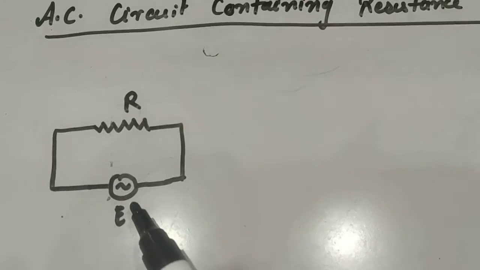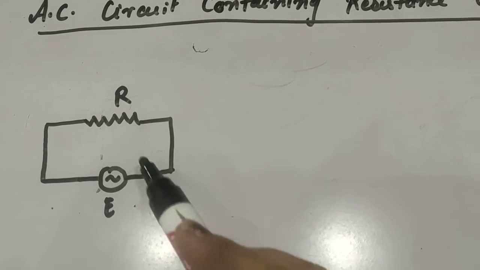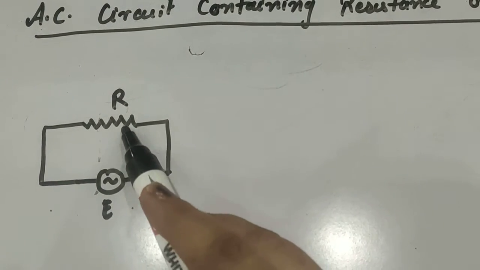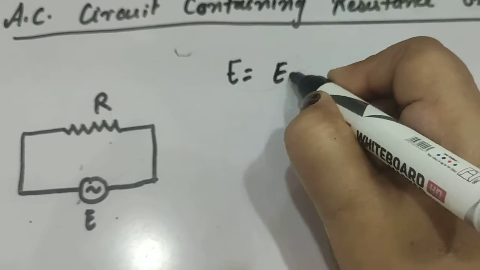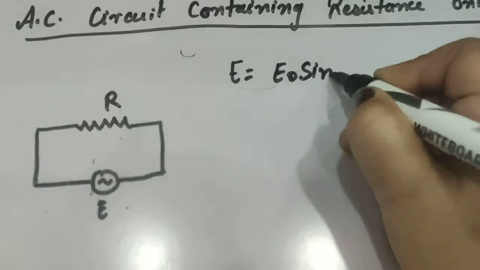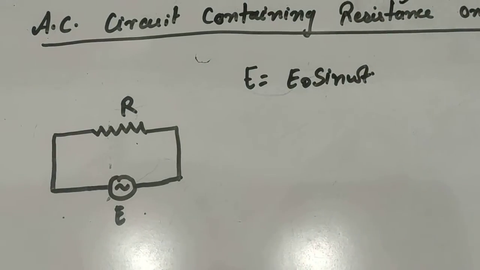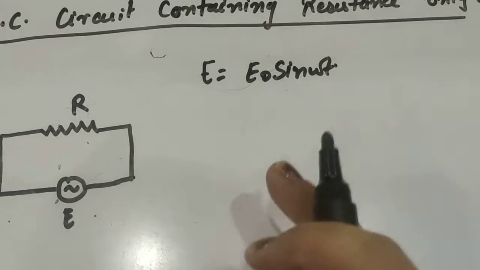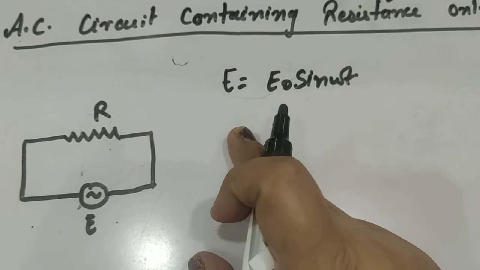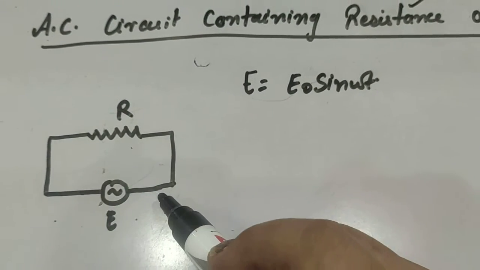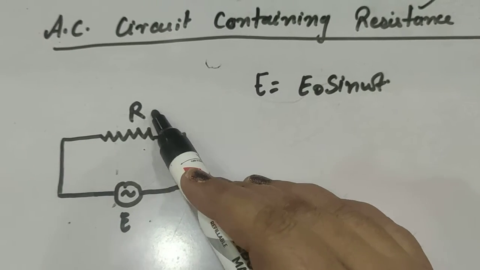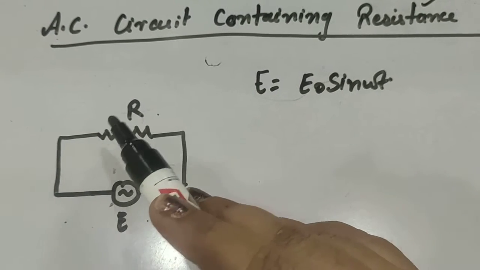For that we have taken a source of alternating EMF which is connected to a resistance R. In that case, the EMF E is given by E naught sine of omega t, right? Now we know that when EMF E is applied to a conductor having resistance R, some current I flows through it.